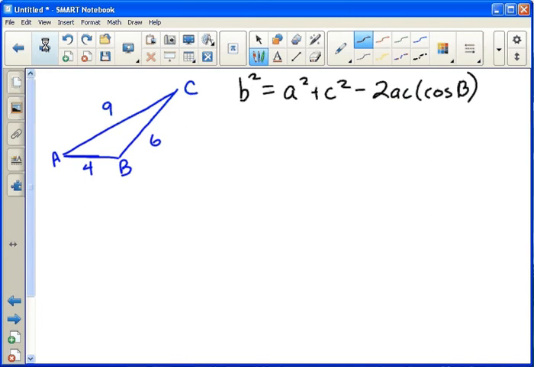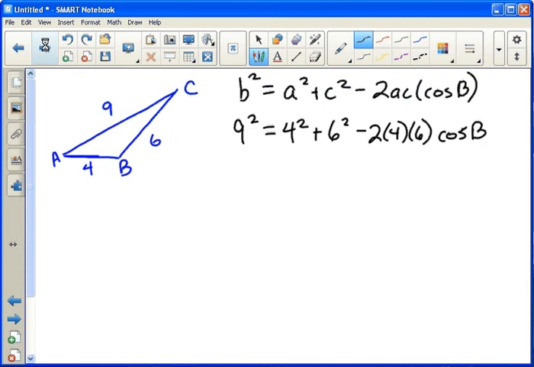Okay, side B is 9, so we'll do 9 squared equals a squared. That's 4 squared plus 6 squared minus 2 times 4 times 6 times cosine of angle B. Alright, so I simplify, get 81 equals 16 plus 36 minus, let's see, 48 cosine of B. 16 plus 36 gives me 52.